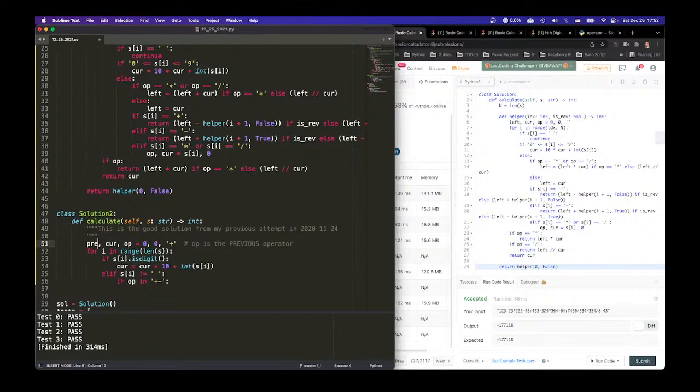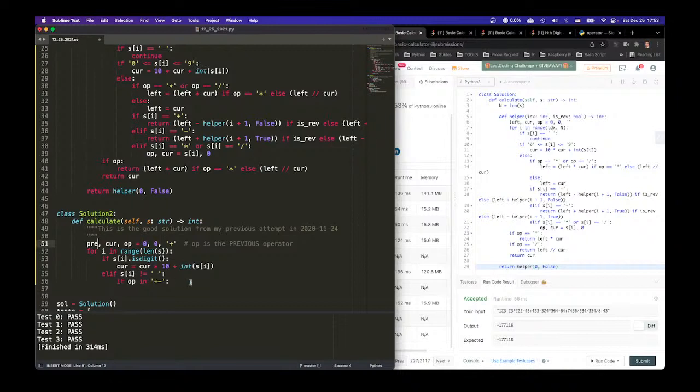Pre-value, current value, previous operator, and a current operator. So I have four things. I'm stopped at a current operator, and I have a previous value, a previous operator, and the current value. With that in mind, because the previous operator is a plus, that means the pre-value has ended.